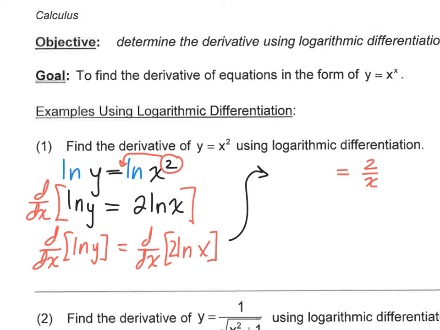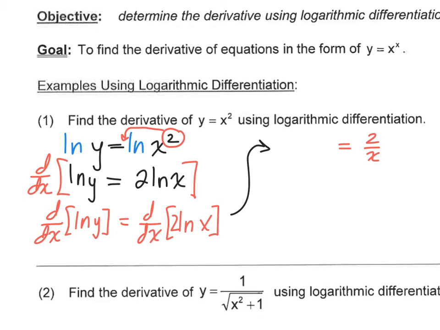But the left-hand side, well, it's still a natural log, so 1 over whatever is contained within the log, multiplied by the derivative of whatever is contained within the log with respect to x. So what do I write? dy dx.